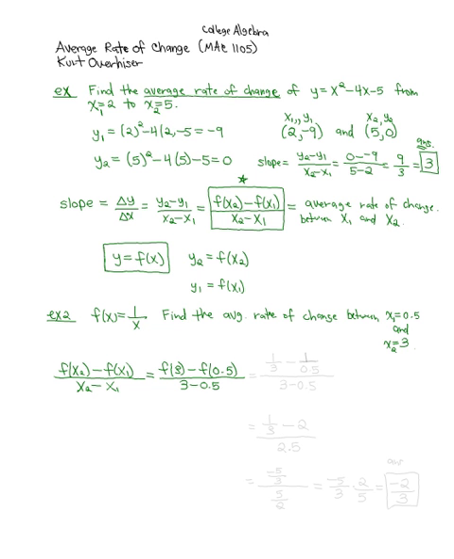With the reciprocal function, we take the reciprocal of 3, which is 1/3, and subtract the reciprocal of 0.5, and then take that whole thing divided by 3 minus 0.5.